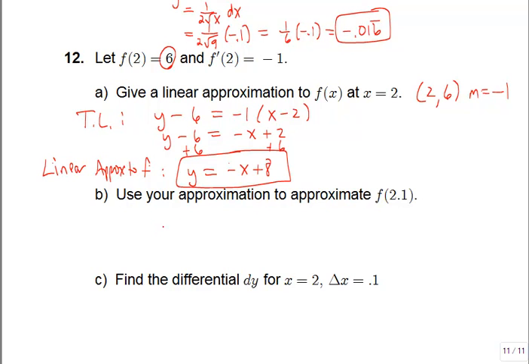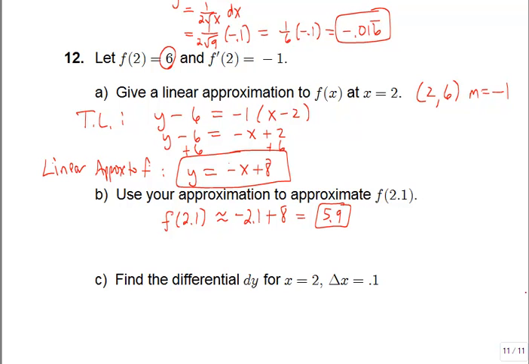So all we're going to do is say that f of 2.1 should approximately be negative 2.1 plus 8. I'm just plugging in 2.1 in for this x. And that is going to give you 5.9. So approximately this function at 2.1 is about 5.9.